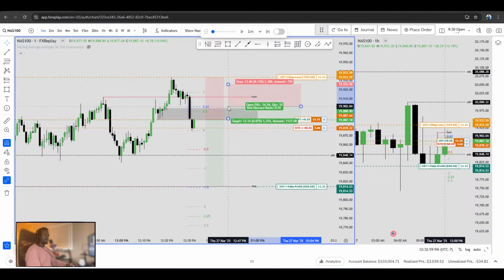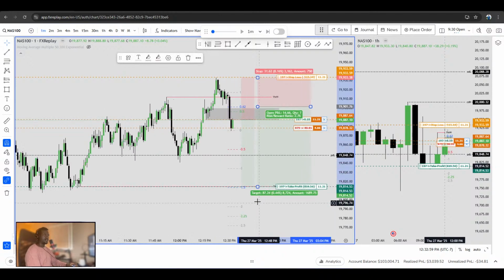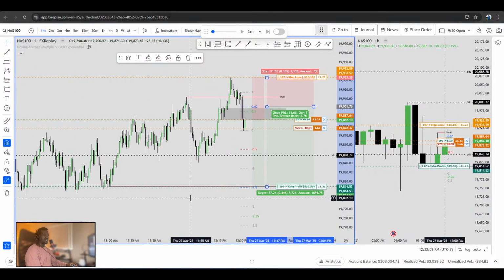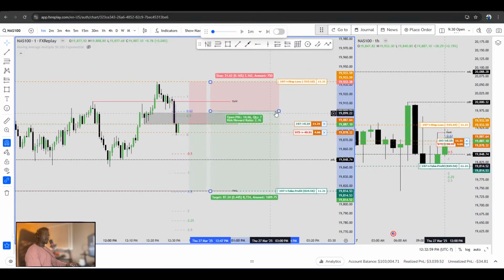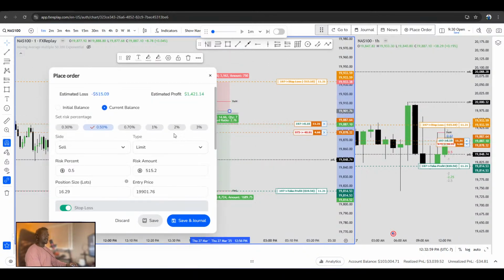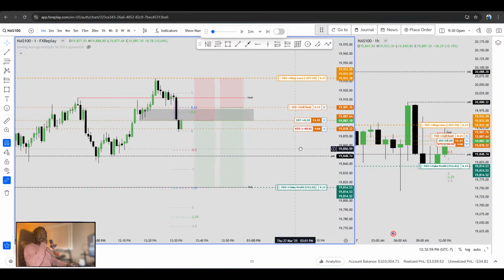And for journaling purposes, I think I'm gonna leave those 3 in there. And then my TP just at that previous 1 hour low. I do think we're gonna go a little bit further and take all these lows, but once we get there, I'm good. And this is a 0.25% limit order. So I am full on 1% in there.